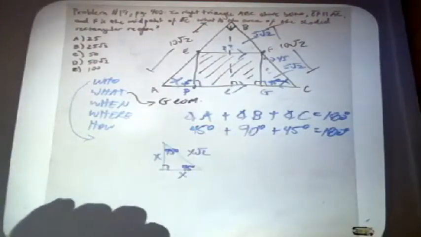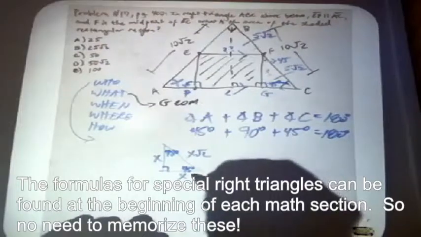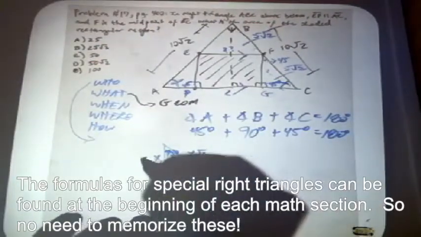Alright, so here's the cool thing. If we know that FC, the hypotenuse of triangle GFC, is 5 root 2, we know based on our formulas that in a 45, 45, 90 triangle, if the hypotenuse is x root 2, then both legs of the triangle are x. So in our case, if the hypotenuse is 5 root 2, we know the legs are just 5.